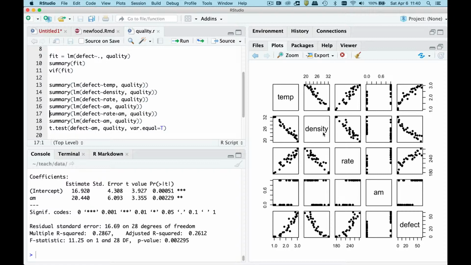You have to understand the situation. You have to think about which models you fit. The regression analysis will not just automatically tell you that. So really the only decision variable in this problem is the rate of production, because the other 2, temperature and density variables, are consequences of the rate of production.